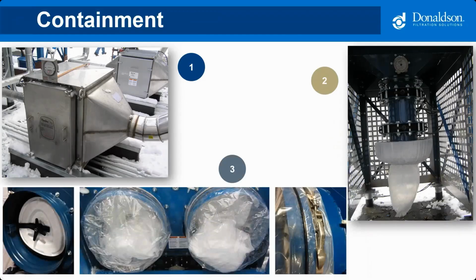When we talk about hazardous material that we really don't want to come in contact with our skin, our eyes, our breathing zone, another important design consideration is containment. Here are just a few examples of how we can help minimize worker exposure when we're dealing with potent dusts. In the first photo, you've got a HEPA after filter housing.